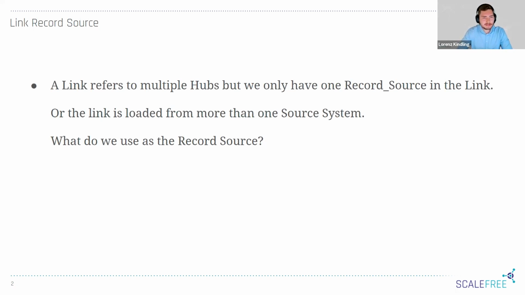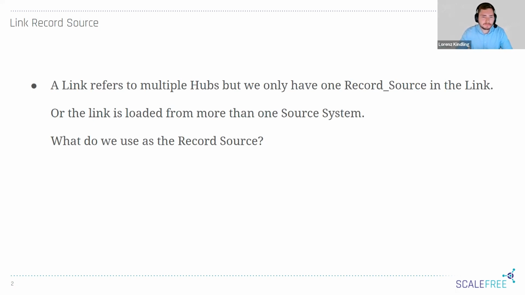In the link, it's a little bit different. There we do not depend on the hubs that the link is referencing. That really doesn't matter in the link. In the link, what is important for the record source is the source system where the relationship comes from.